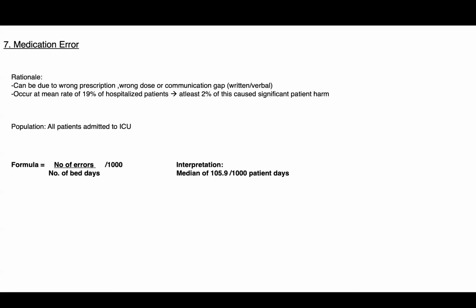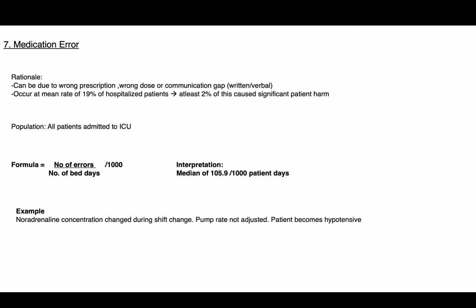Like if it is for 30 days and for each of the days, at the 12 a.m. midnight census, it was around 10 or 6 or 7, at the end of 30 days, the summation of that will give you the number of bed days. So that is the denominator. The interpretation here goes by the median and the benchmark is 105.9 per 1000 patient days.